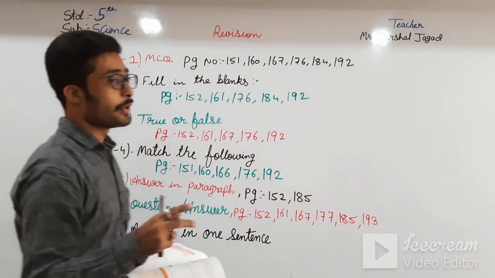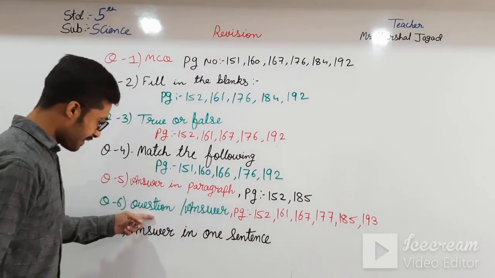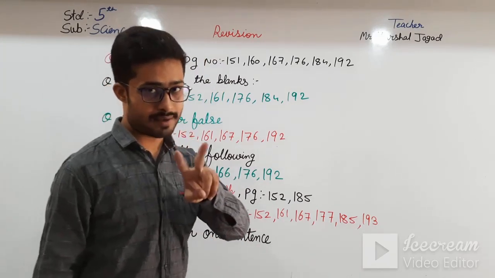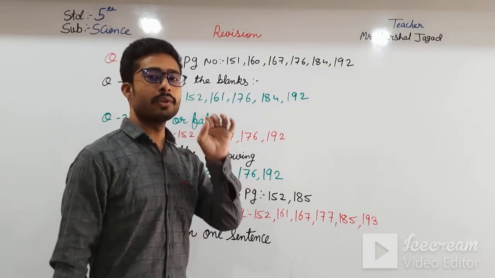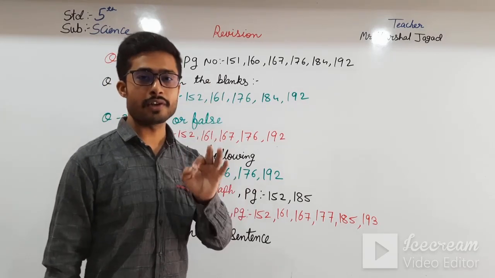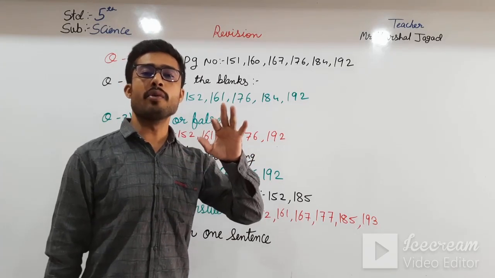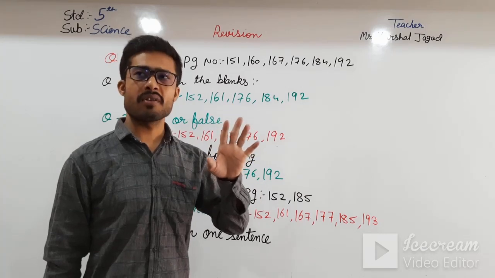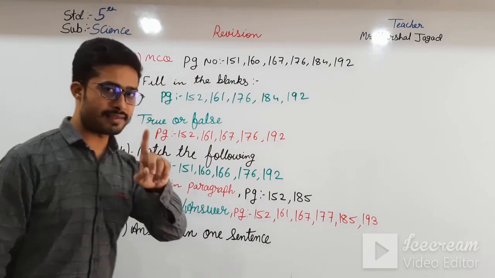So now you have to decide that from this there is of 2 marks, and from this is of 1 mark. So you have to learn the short questions which are in the exercise, about 2 or 3 lines, for the answer in one sentence.